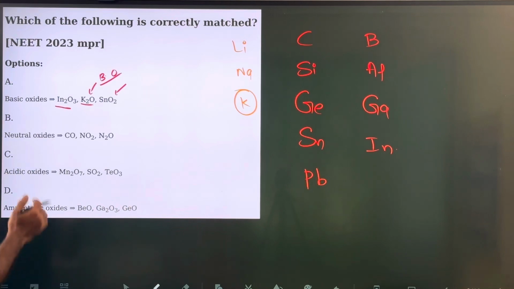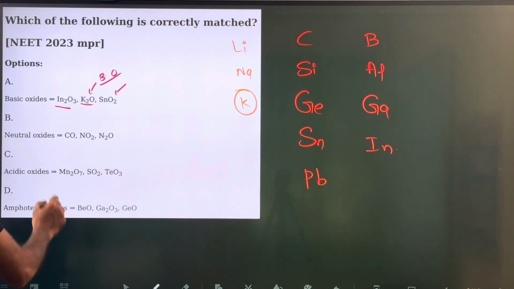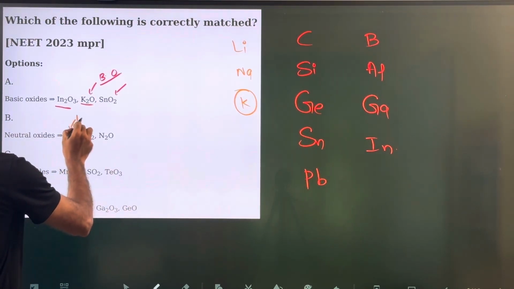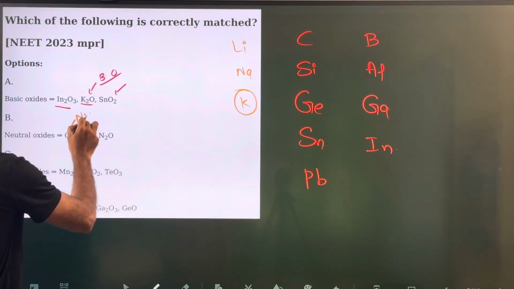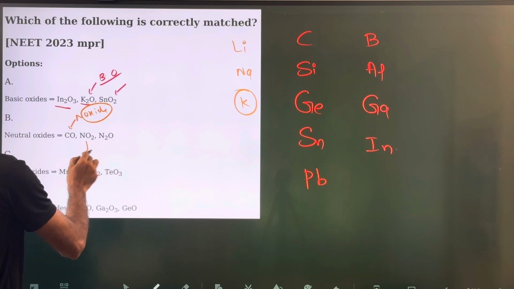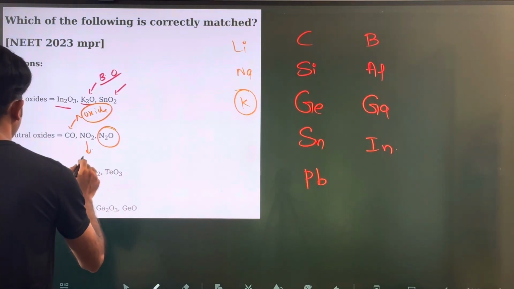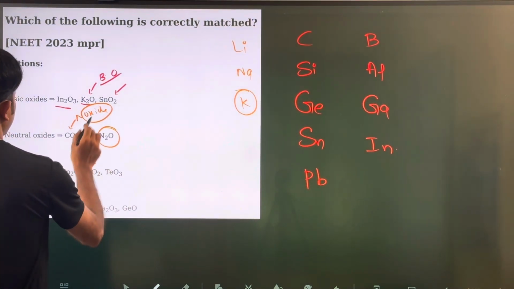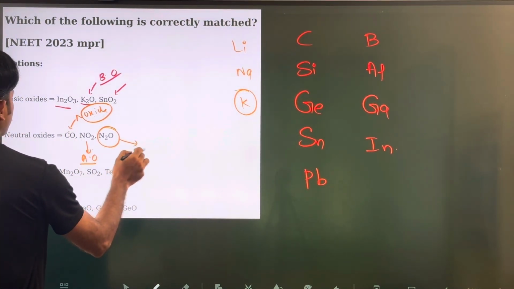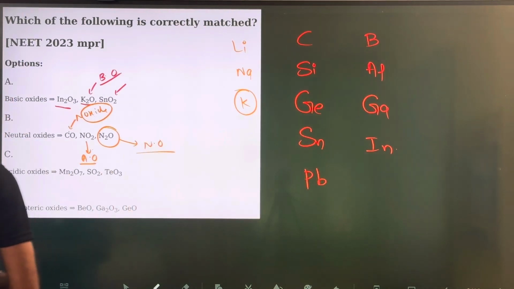So before going to that, check the other oxides. Carbon monoxide, you already know, is a neutral oxide only. NO is also a neutral oxide, and N2O is also a neutral oxide, but NO2 is an acidic oxide.